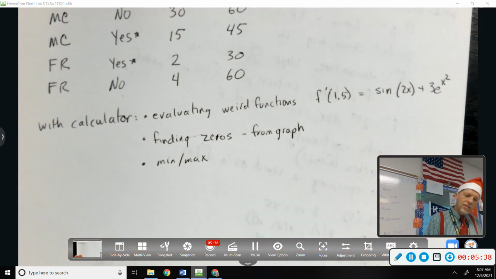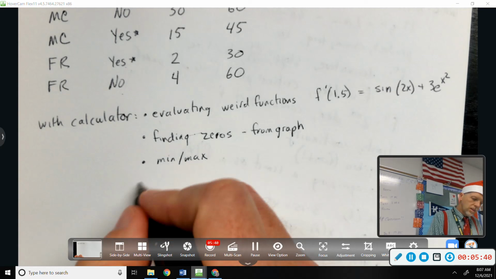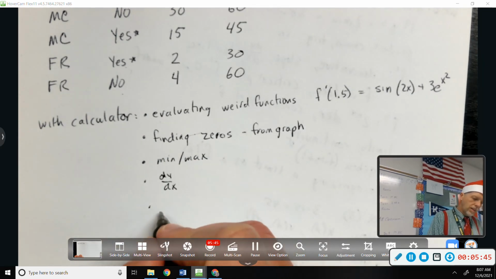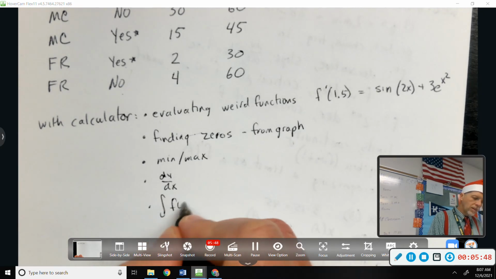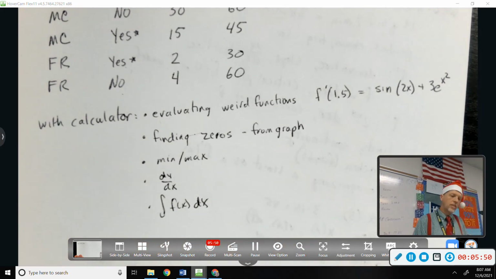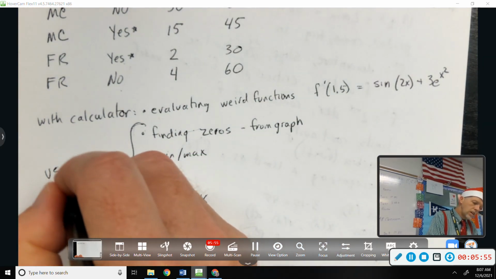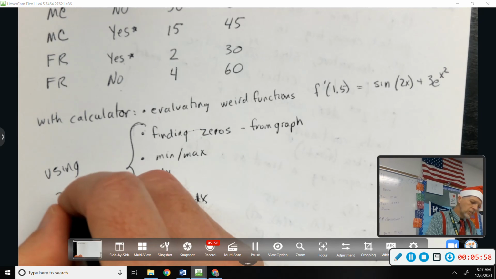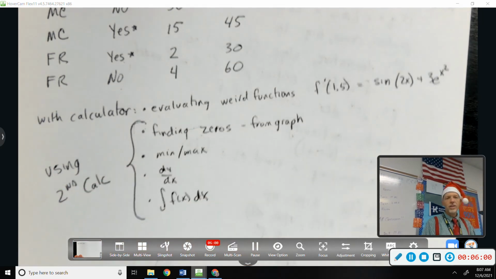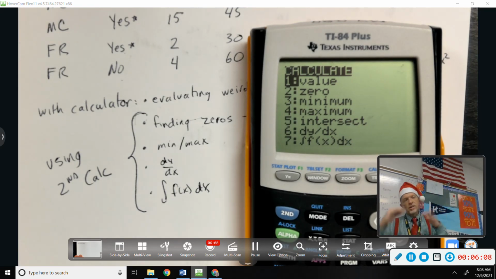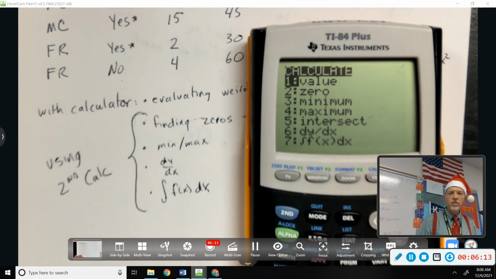Min, max, less so, but maybe. dy dx, and then we don't know what this is yet, but the antiderivative, the integral. Basically, it's all about using the second calc button on the calculator. So you put in your function and then mess with your window to make sure you're looking at the right up, down, left, right stuff so you see a good picture. And then second calc, you can do all of those things with it.